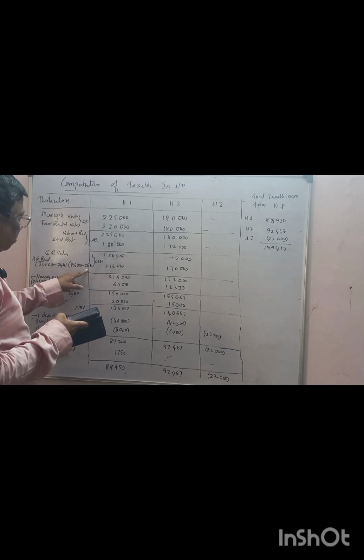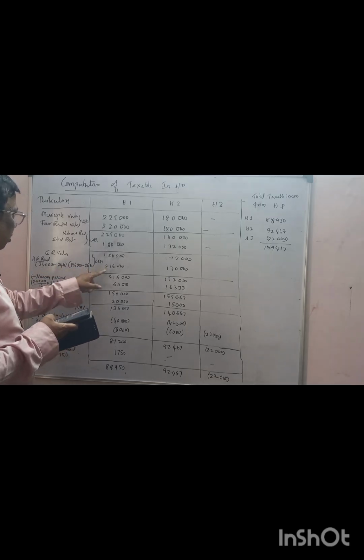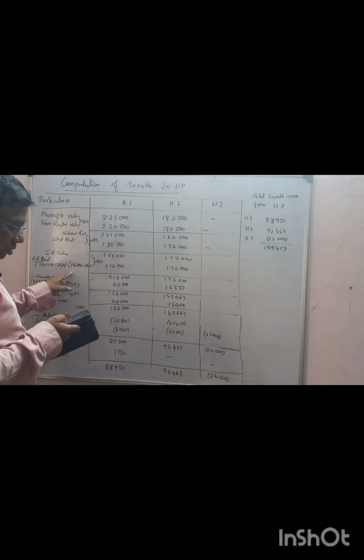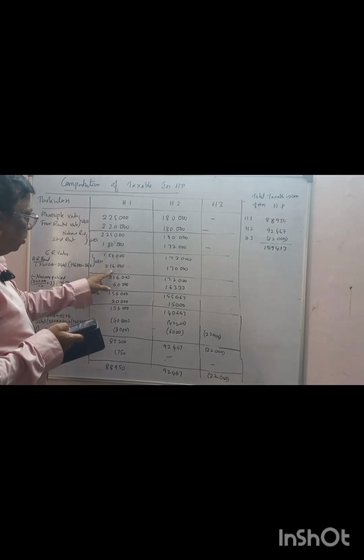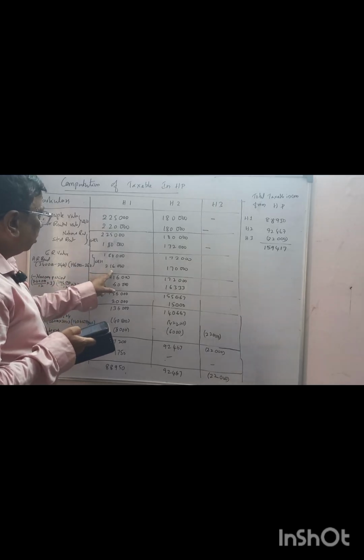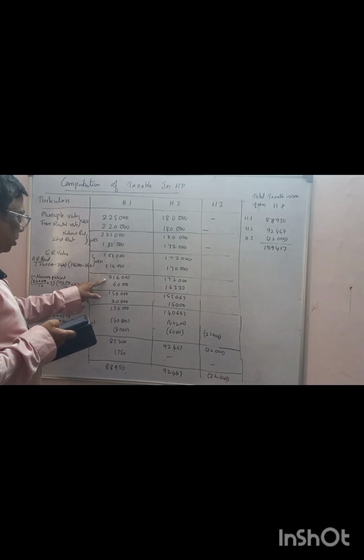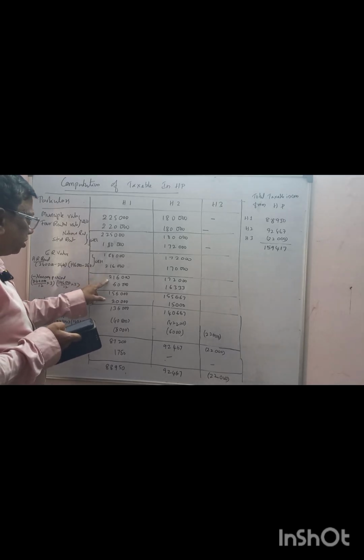For this we subtract: 2 lakh 40 minus 24,000 is 2 lakh 16,000. For house 2, annual rent is 1 lakh 96,000; on that 26,000 was not received. So this is the actual rent received for that year. Whichever is highest, 2 lakh 16.